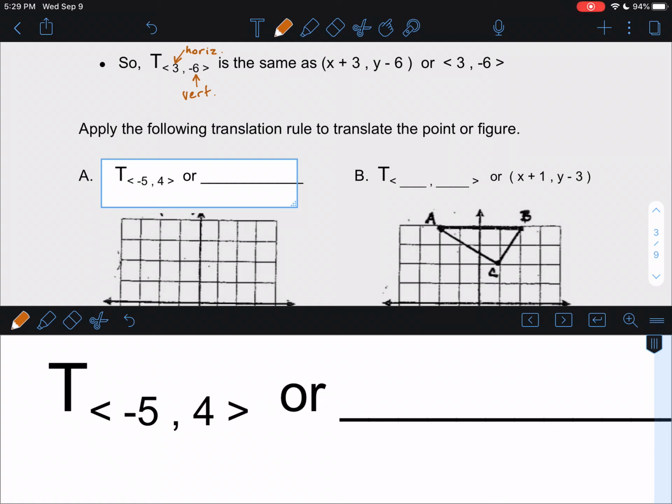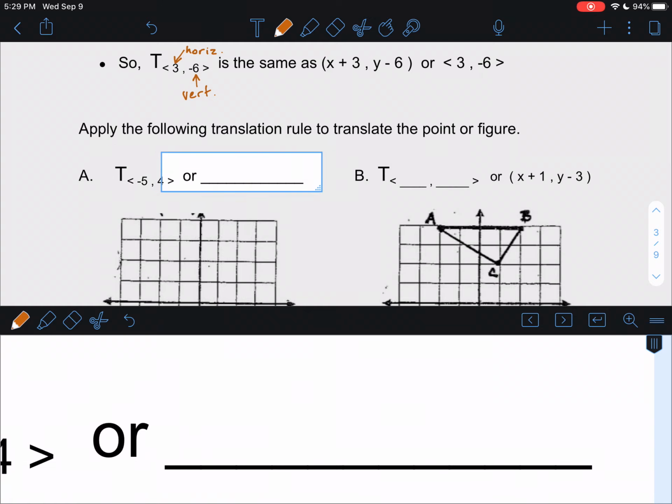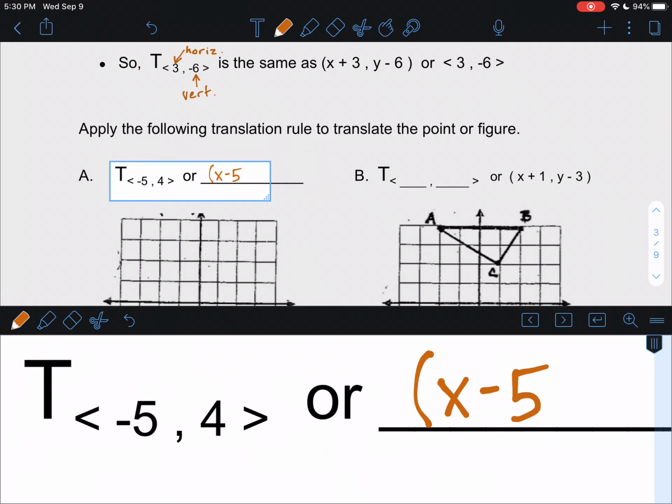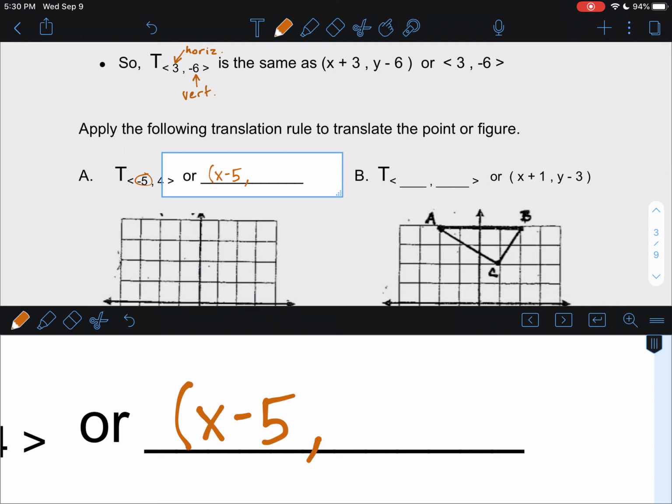So I have T -5, 4, which is the same thing as, if I write it in coordinate form, x minus 5. It's always x first because you read a coordinate as x, y, and I get the -5 from there. And then y plus 4. And it's that simple.